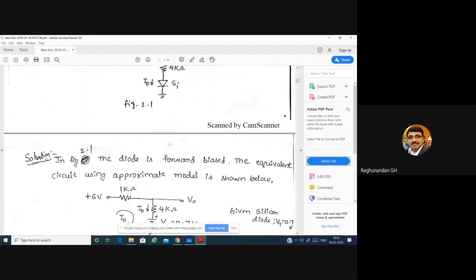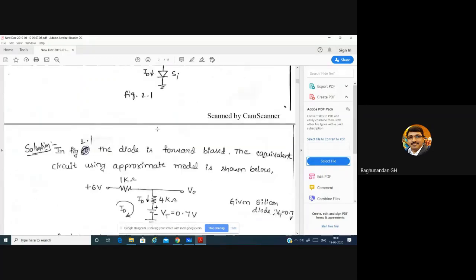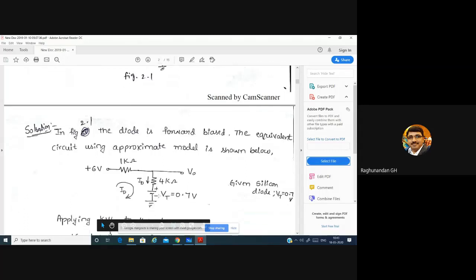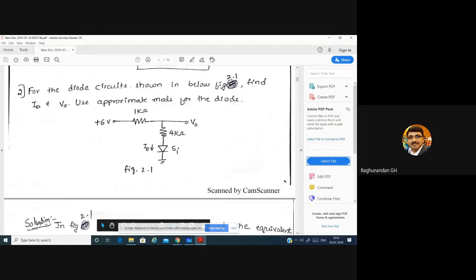According to that, we know that the diode is going to act like a battery of 0.7 volt. So that's why we take the diode voltage as 0.7, as we know it is silicon. Don't expect that in the question they'll always give you 0.7 or 0.3.